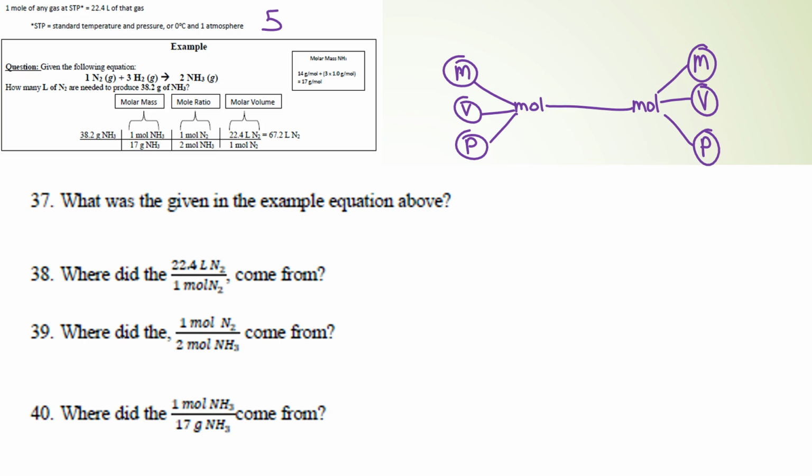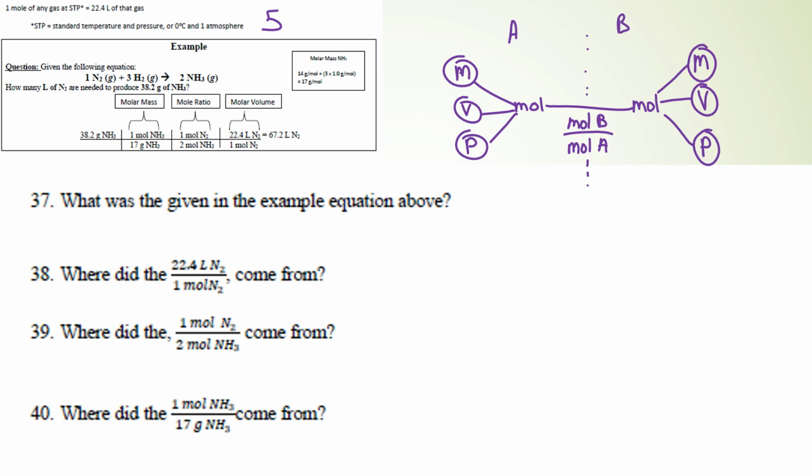So we can start at any one of these parts, and we can end up at any one of these parts depending on the conversion factors that we use. This conversion factor is always going to be the moles of the new substance over the moles of the original. That's your mole ratio. This is the A side, that's the B side.